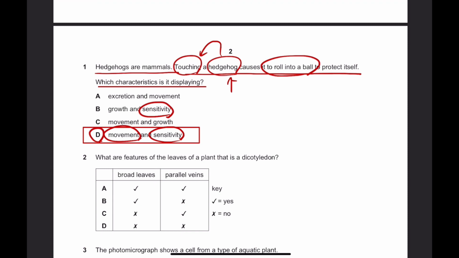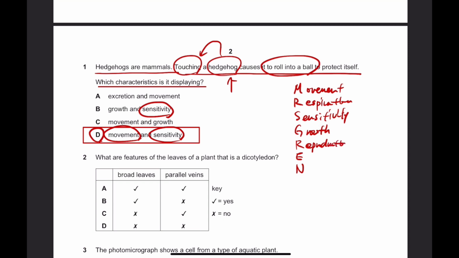By now you guys should remember the 7 characteristics of living things. We call it Mrs Gren. So movement, respiration, sensitivity, growth, reproduction, excretion, and nutrition.